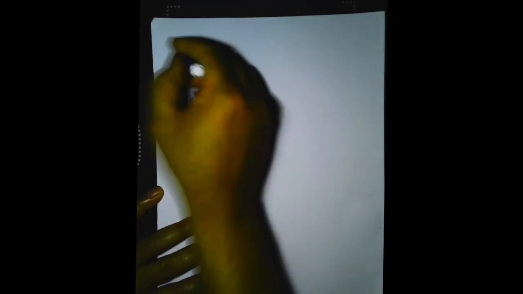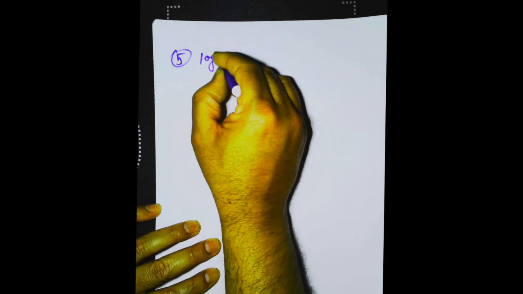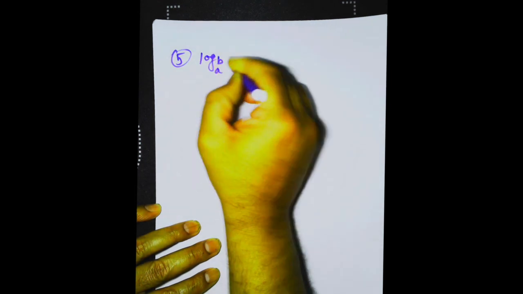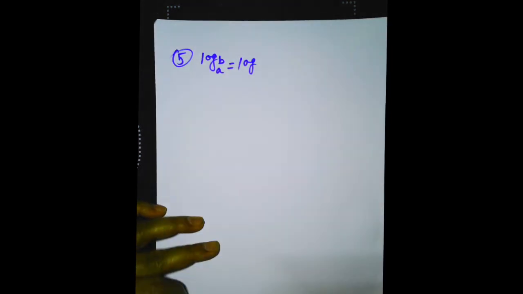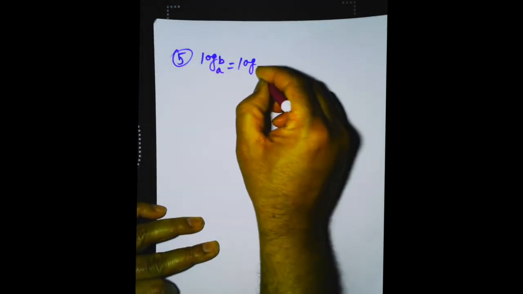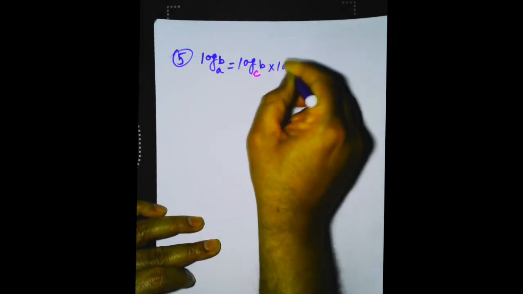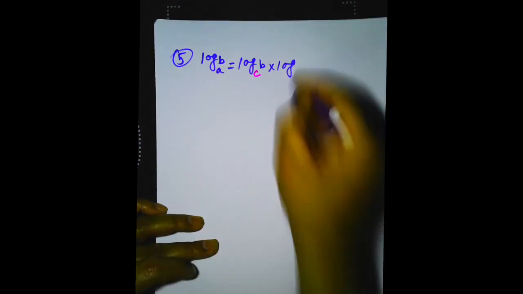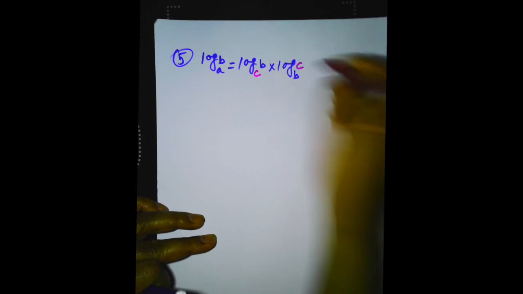You can see another property also, one of the laws. This is log of any number, say b to base a, and it is found that if you introduce any number c in between b and a, you can write log base c of b times log base b of c.